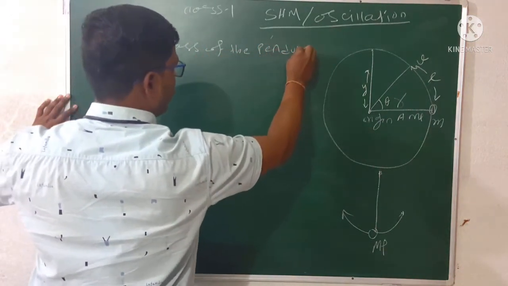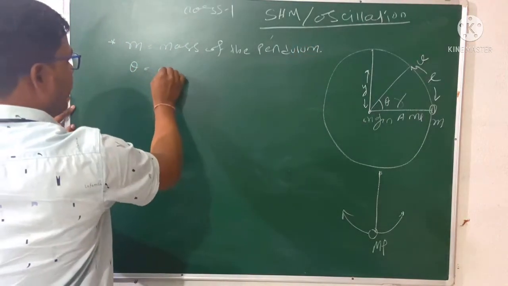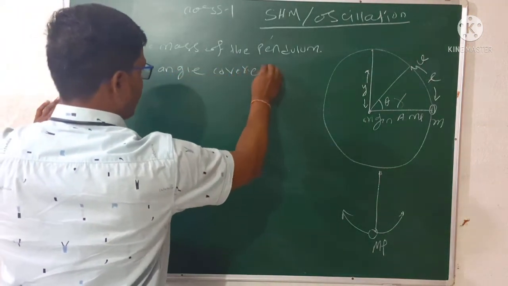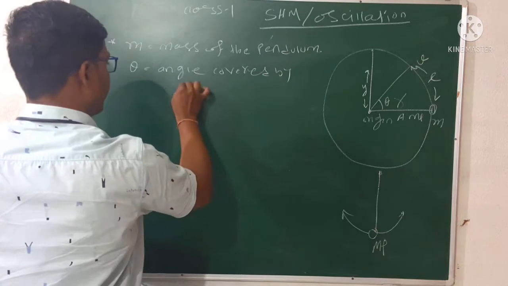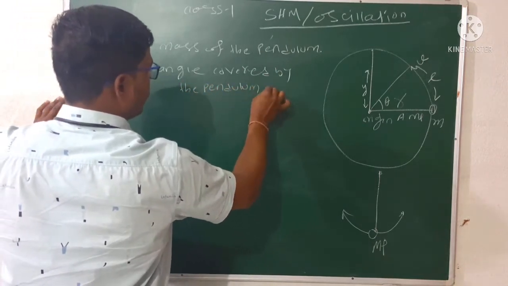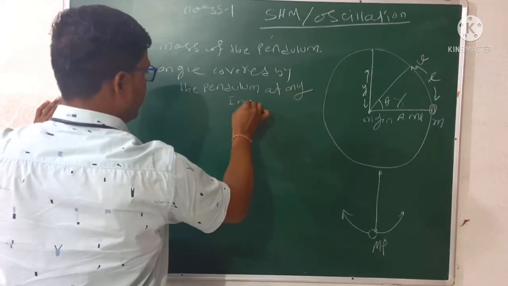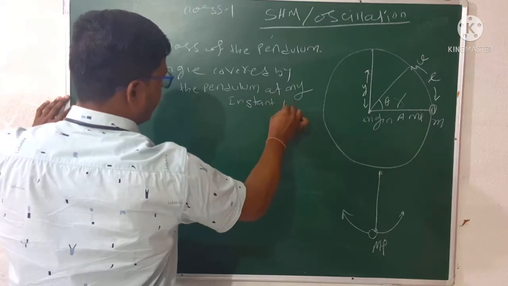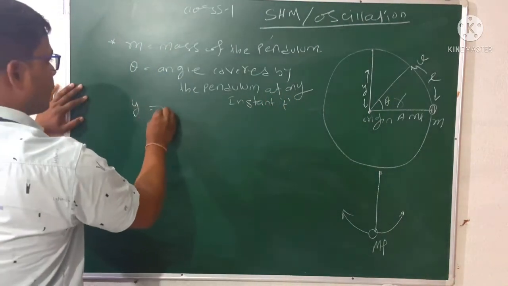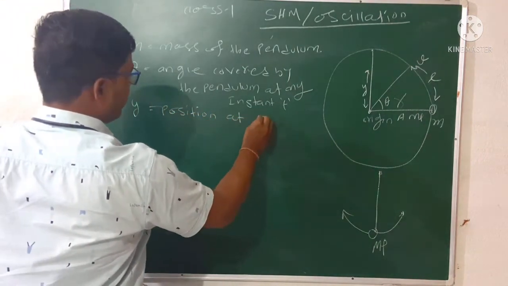M is the mass of the pendulum, and theta is the angle covered by the pendulum at any instant of time t.